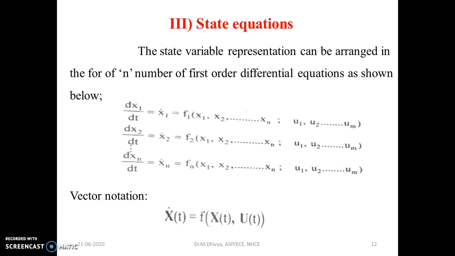In general, the n number of differential equations can be written in vector notation as x dot of t is equal to function of x of t, comma u of t.